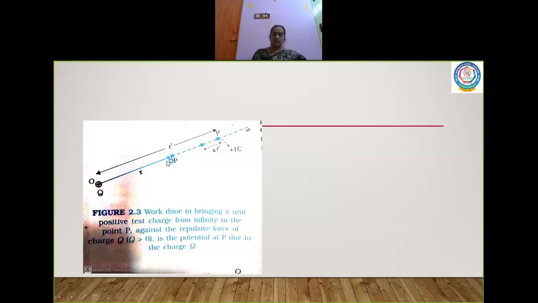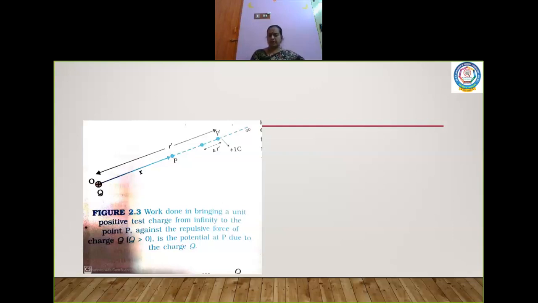Is it clear? I have taken the source charge as plus Q here; the source charge may be minus Q also, but for our convenience to derive the definition, we'll take the charge to be plus.